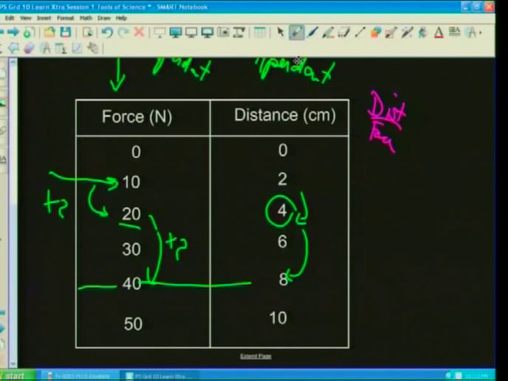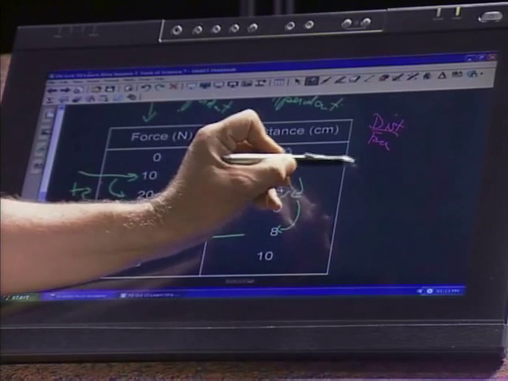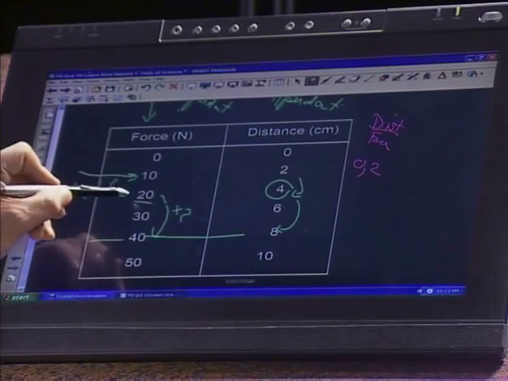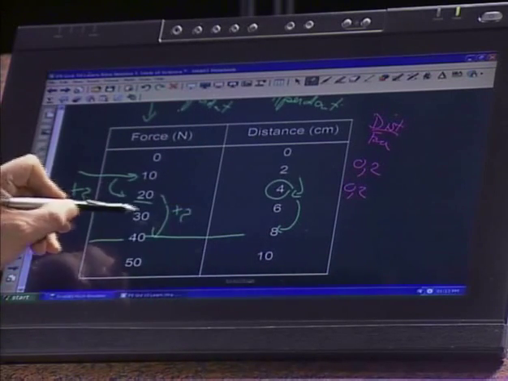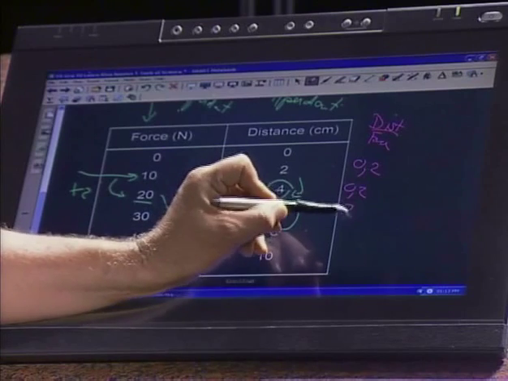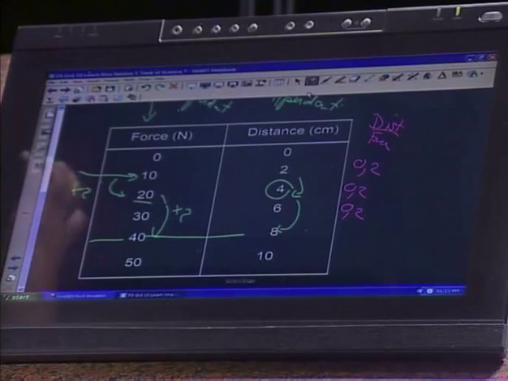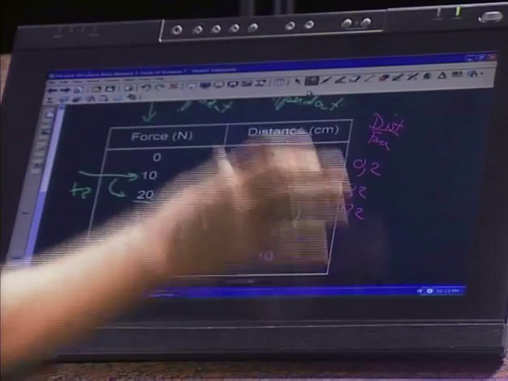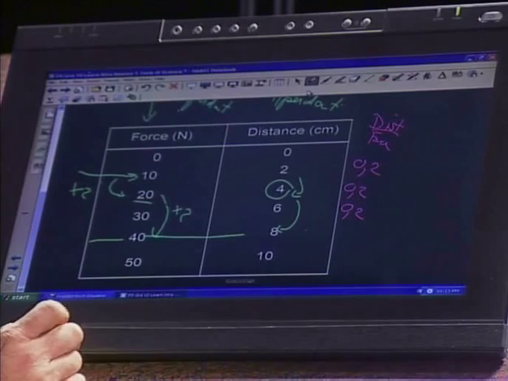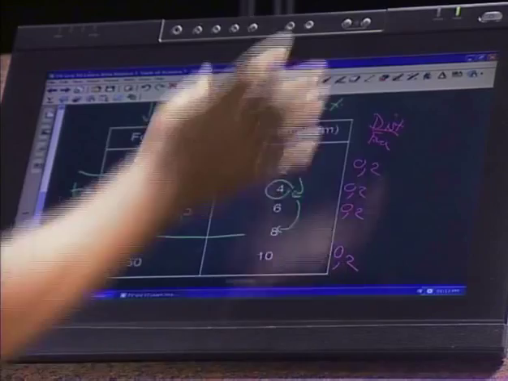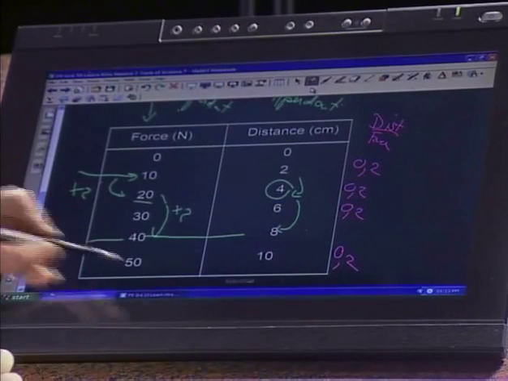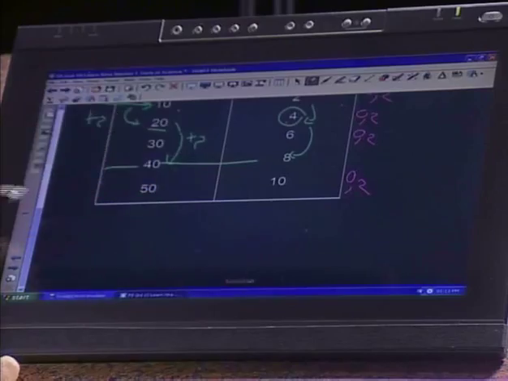And if I take distance over force, then this is 2 over 10, which is going to be 0,2. And 4 divided by 20 is 0,2. And 6 divided by 30, 0,2. There is a constant ratio between the distance and the force. They seem to be consistent all the time. So if we take 10 over 50, we'd get 0,2. Now, that has a special relationship. And you can do it algebraically like that.